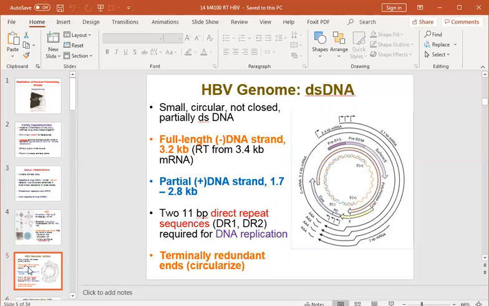The full-length negative DNA strand is 3.2 kilobases, and it is generated from reverse transcription of the 3.4 kilobase mRNA, and the partial positive strand is between 1.7 and 2.8 kilobases.